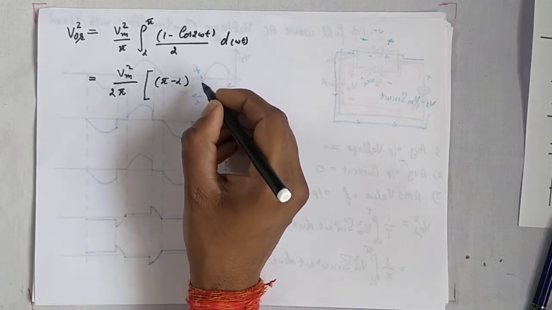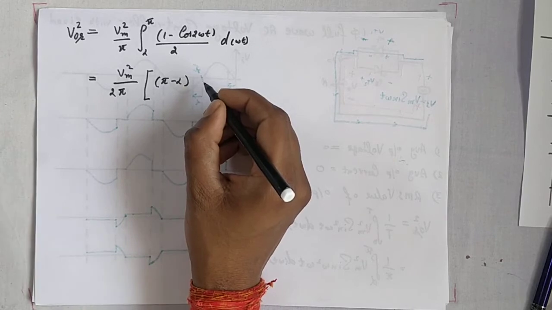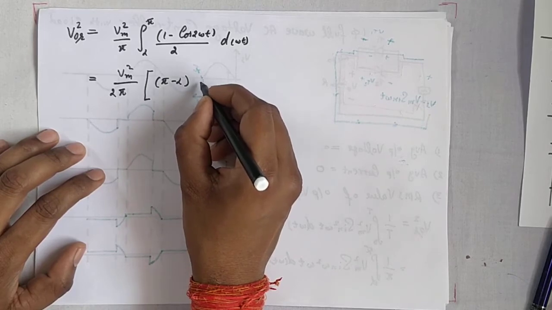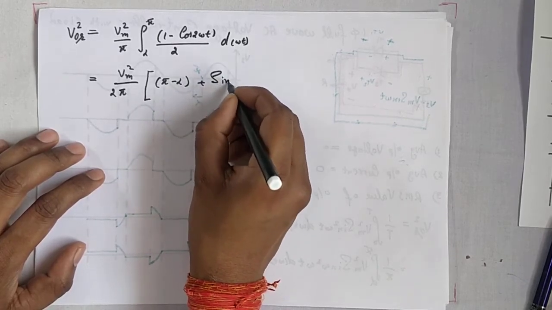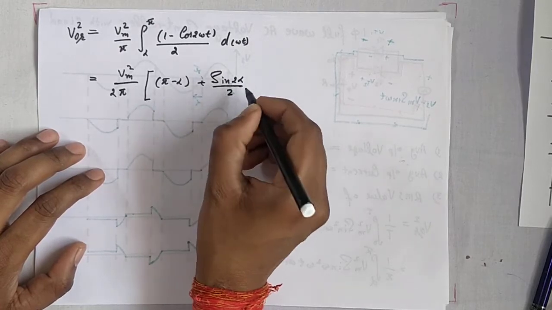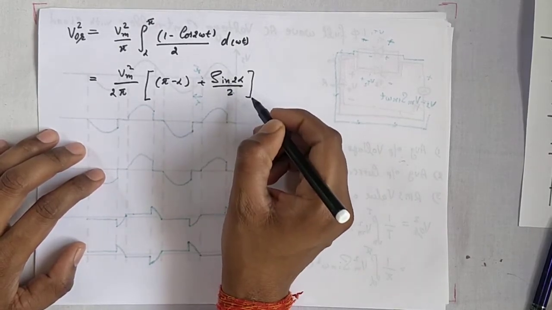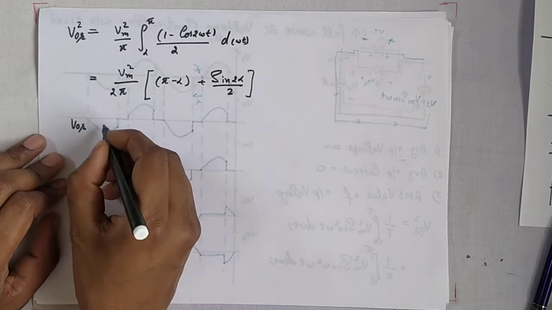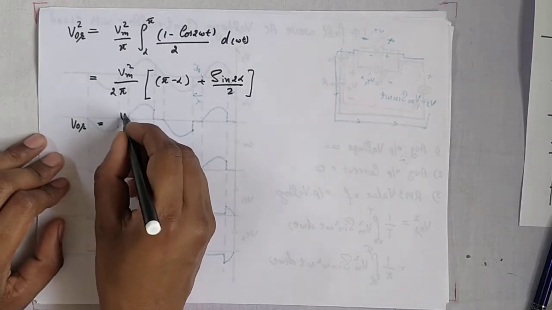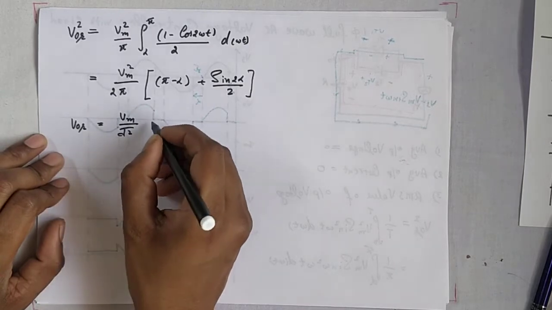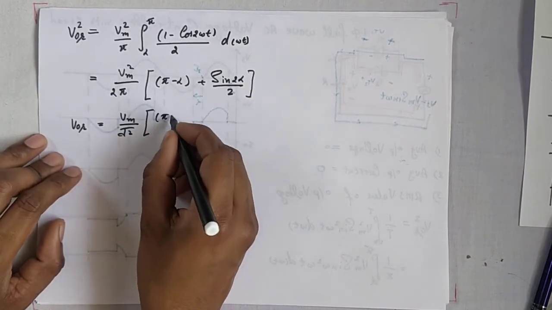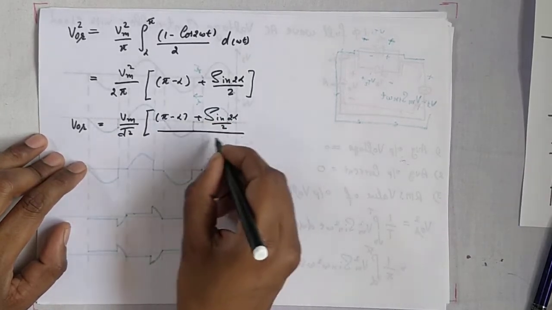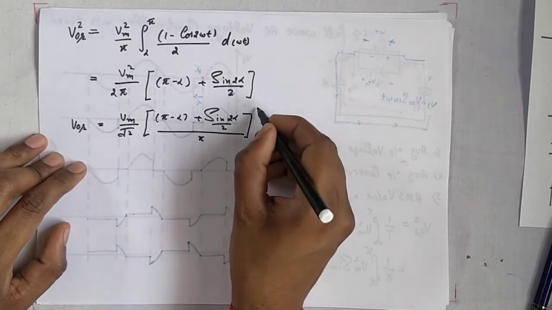The cos 2 omega T integral will become sin of 2 omega T, so this equation finally becomes sin 2 alpha divided by 2. So VOR equals Vm by root 2, in bracket pi minus alpha plus sin 2 alpha divided by 2, divided by pi, power 1 by 2.